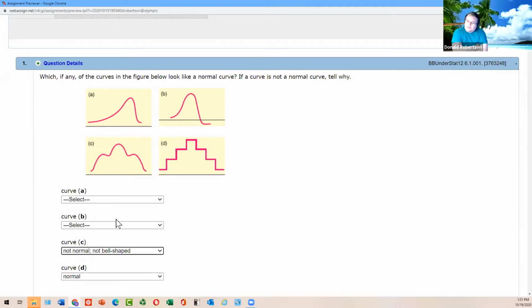This book has got a nasty habit of giving different names for the same thing. Haven't we been calling it mound-shaped, symmetric? Now here's another name for you: bell-shaped. It's a good name. It looks like a bell, right? I guess that's why it's called that. Can you imagine this one is skewed right and this one's skewed left, and that's why they don't work? They're not symmetric. They're skewed in some way.